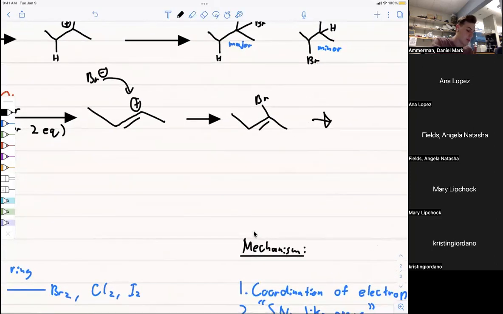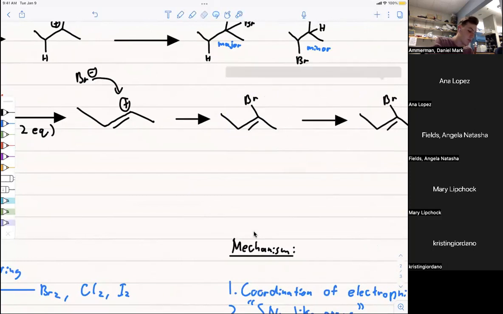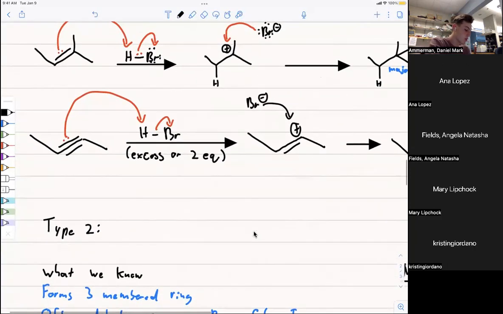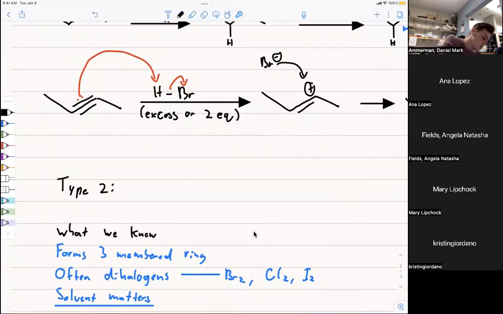So you would do the same thing we just did again, and we would just have that product, but on the opposite side, the bromine would go on the opposite side to kind of keep it symmetrical. But if you had the same thing, but like this was terminal, they would both go on the more sub side. So you could end up, I'll just quickly not go through the mechanism for this.